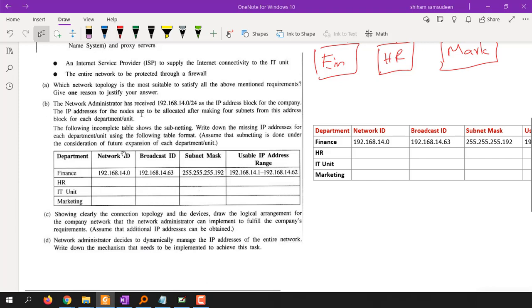The IP addresses for the nodes are to be allocated after making 4 subnets from this address block for each department or unit. So here an IP address block is given, and we need to create 4 subnets for each of these sections, like the finance, HR, IT unit, and marketing.